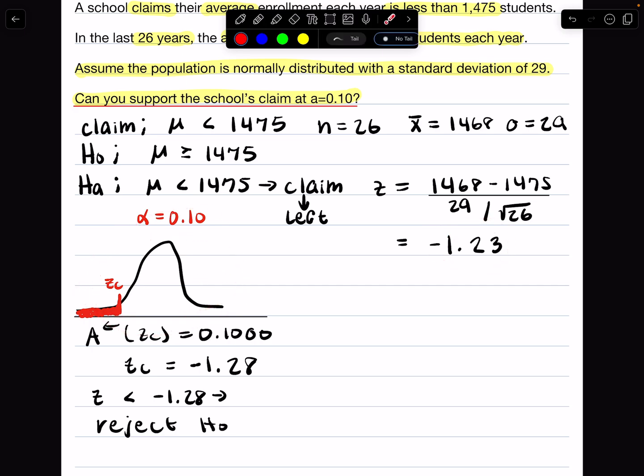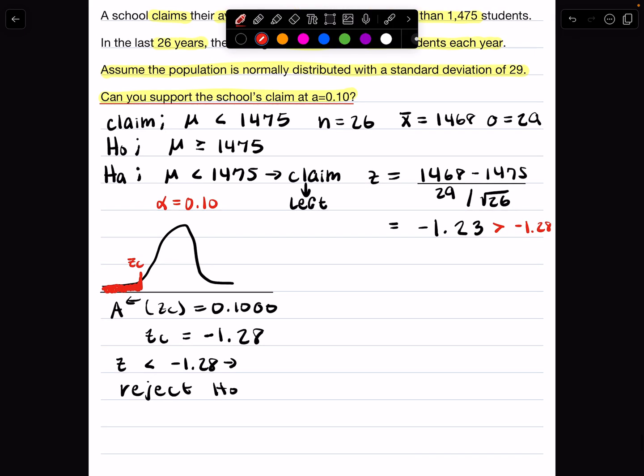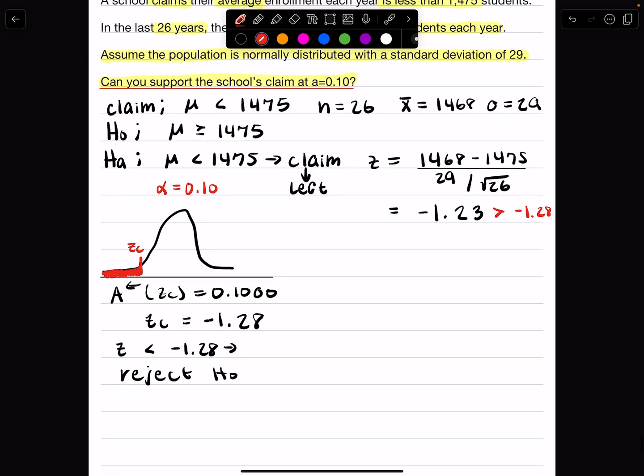Well, negative 1.23 is greater than negative 1.28. So that means it's in this area right here. It's not in the rejection region, which means we don't reject. So since it's greater than negative 1.28, we say we fail to reject.